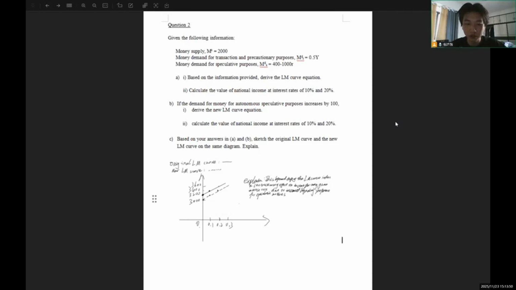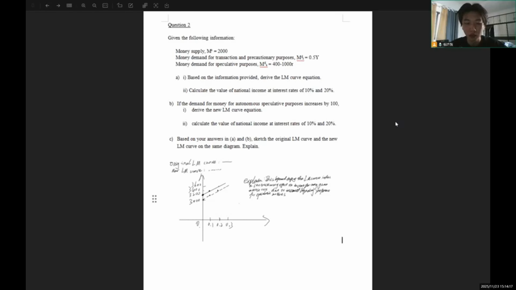Because the increase in speculative money demand reduces the amount of money available for transactions, a lower level of income is required to maintain money market equilibrium at any given interest rate.